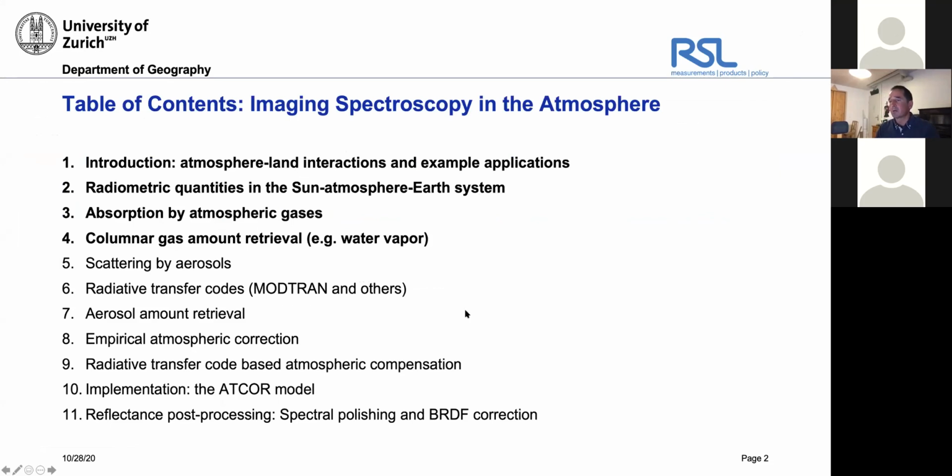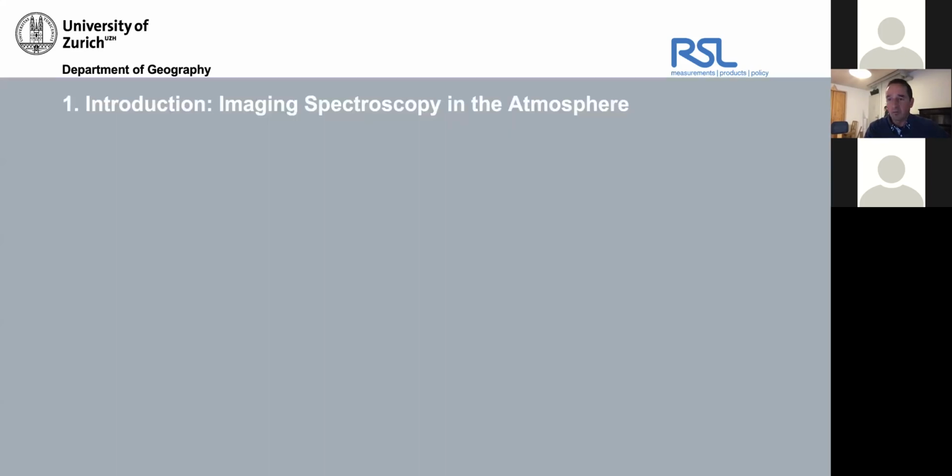Next week, there will be some quantities, some definitions, and maybe how you get to gas retrievals using imaging spectroscopy mainly. Next, the effects of aerosols, and the last session will be about atmospheric correction and atmospheric compensation routines. So that's the schedule.